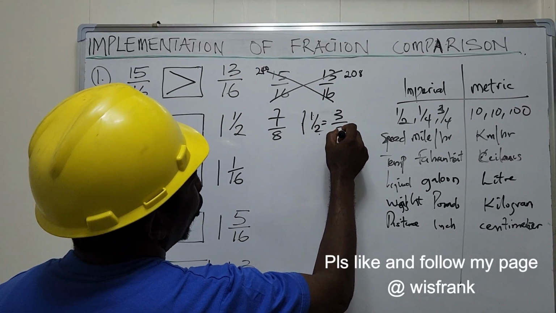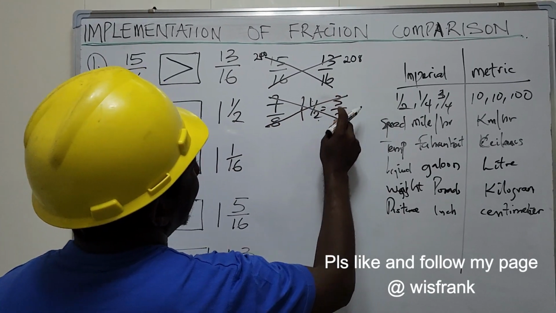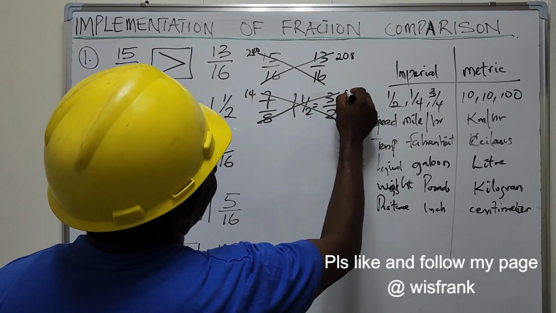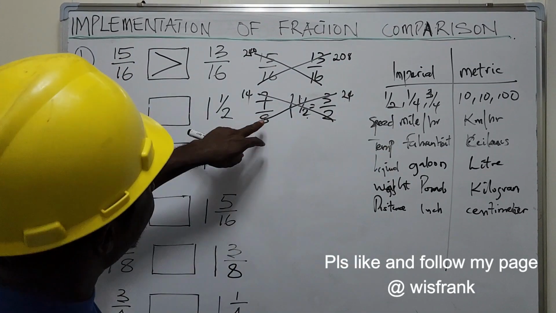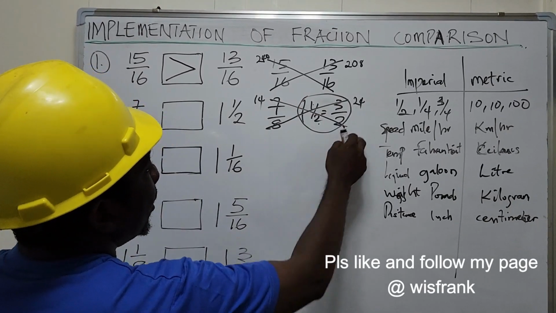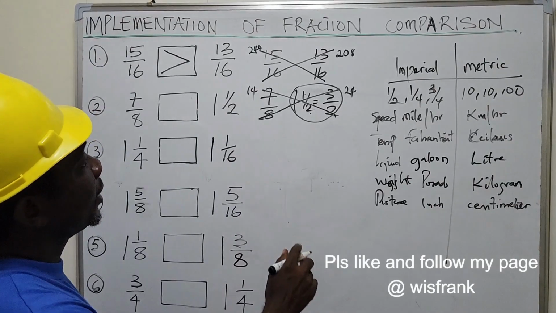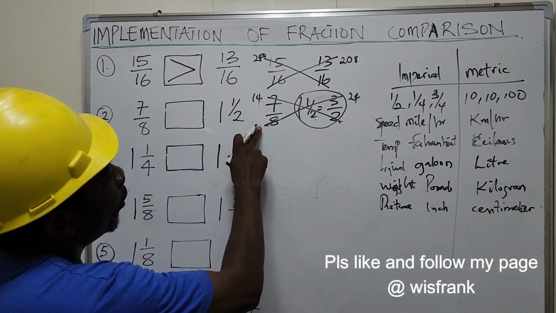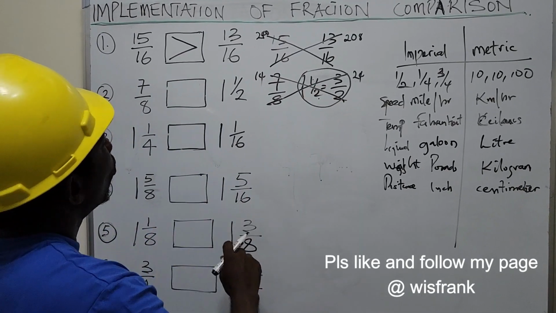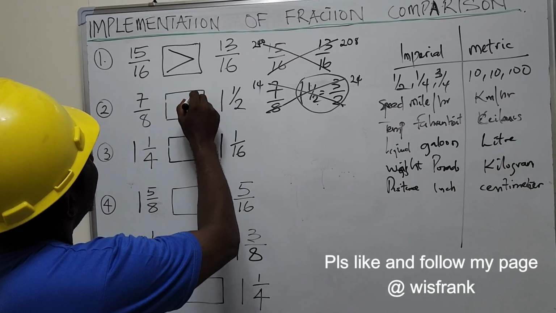So if you cross multiply 2 by 7 and 8 by 3, 2 by 7 gives you 14, and 8 by 3 gives us 24. Now you see that 14 is less than 24. So we see that 7/8 is less than 1 and a half, and we write a sign of less than.